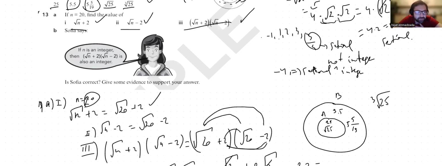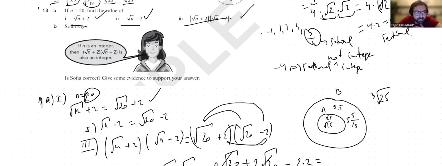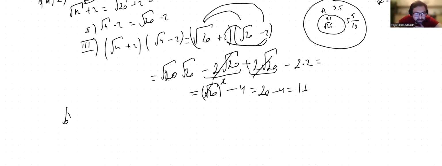Part B. If n is an integer, then this is also an integer. Let's see if Sophia is correct. So n is an integer. Now we have to check if this is an integer or not. Square root of n plus 2 times square root of n minus 2.